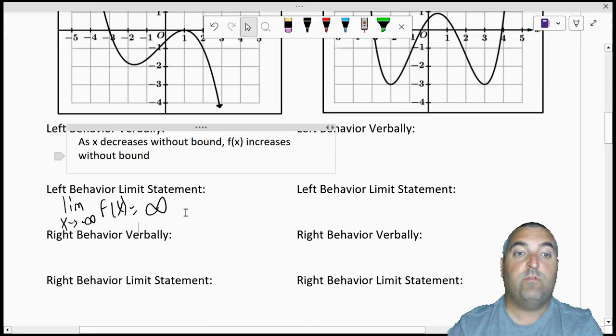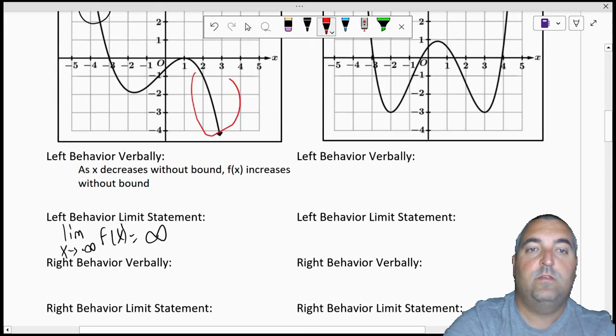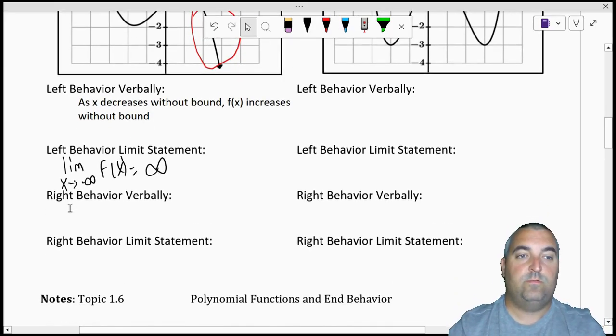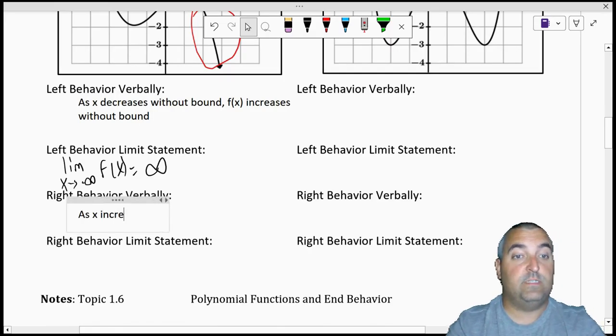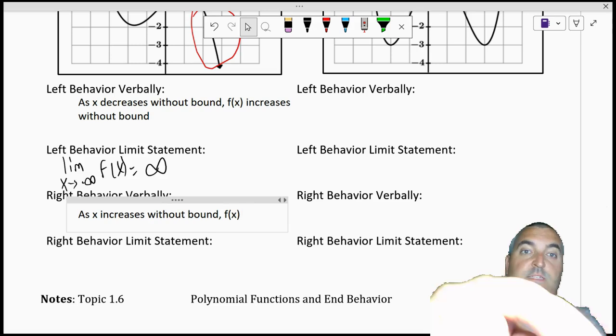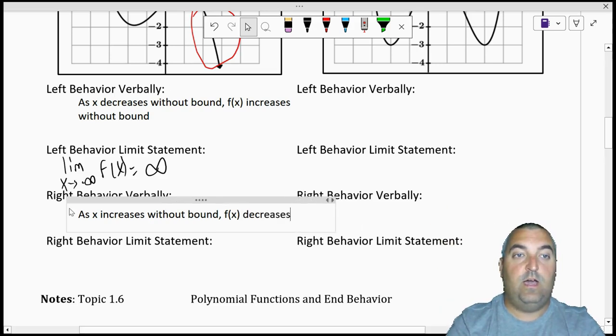Now we're going to switch it around, and look at this right side. Now we're going to do it verbally. So we would say as x increases without bound, because we are talking the right end behavior, f of x, and this time it's going down, which means it's decreasing without bound.